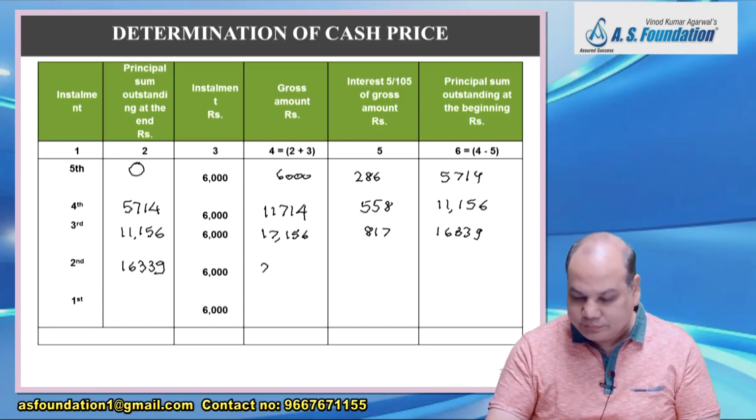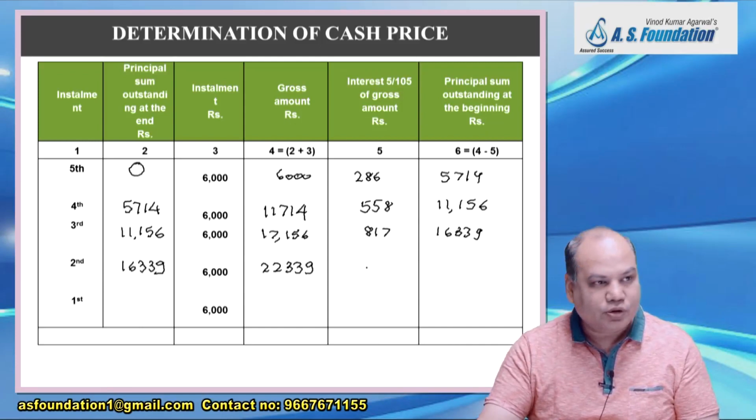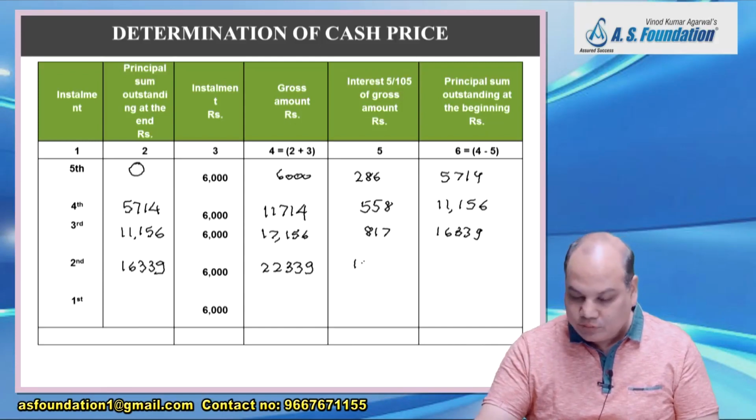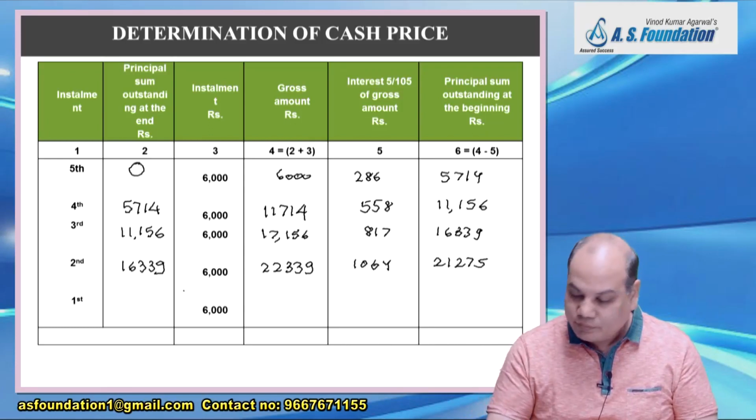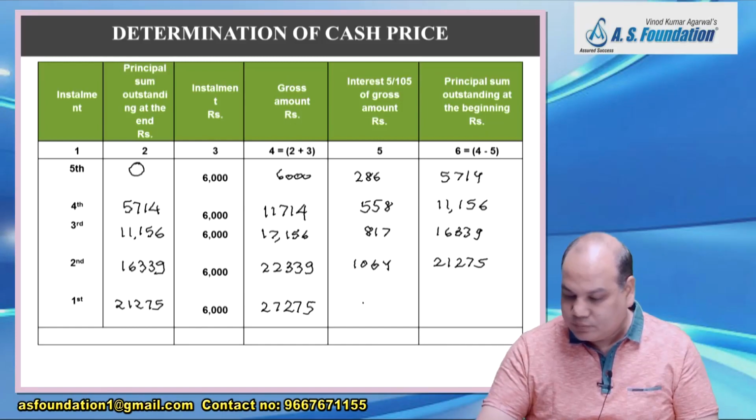16339 plus 6,000 is 22339, into 5 by 105. Interest 1064. Balance 21275. 21275 plus 6,000 is 27275.